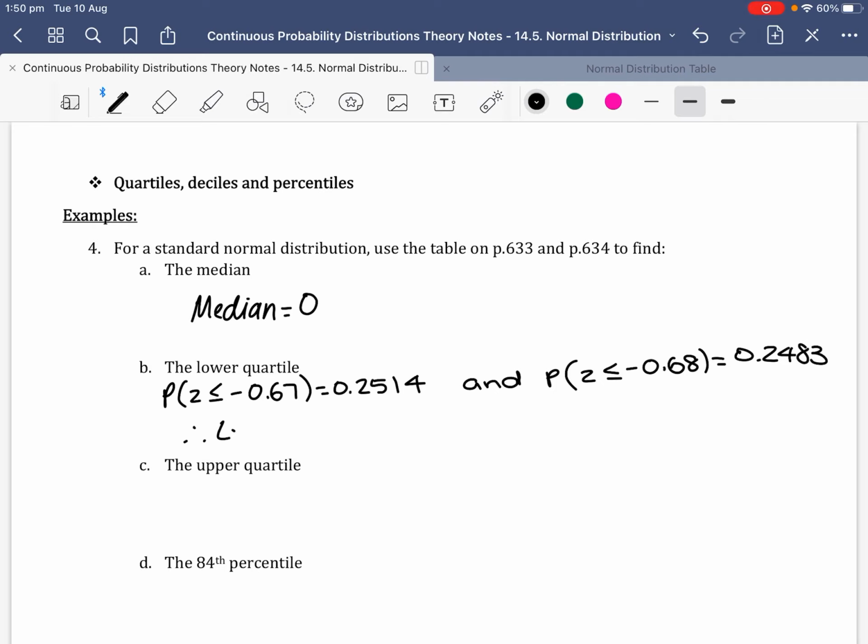So therefore the lower quartile is approximately minus 0.67.